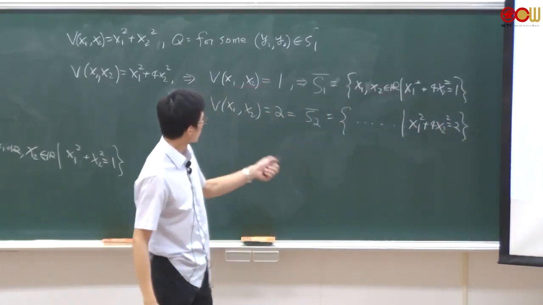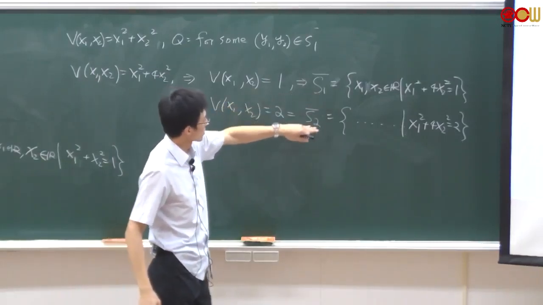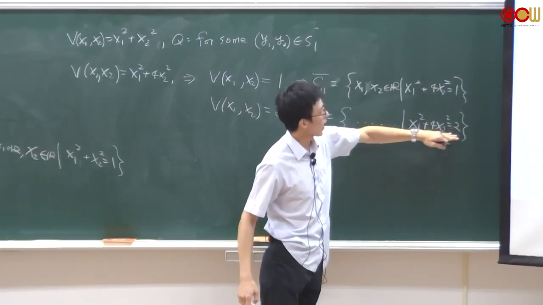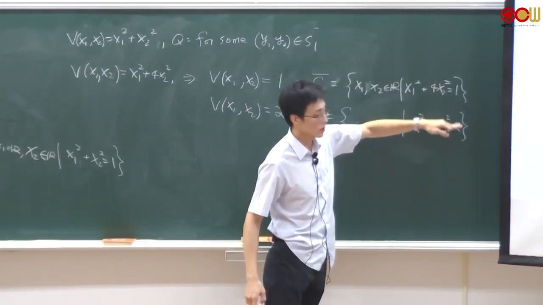So these are level sets S1, S2. The different condition is this is equal to 1, this equal to 2. The height of V is equal to 1, equal to 2.